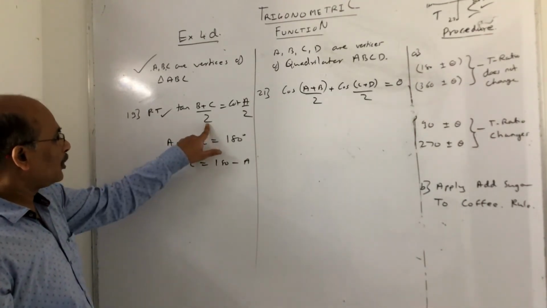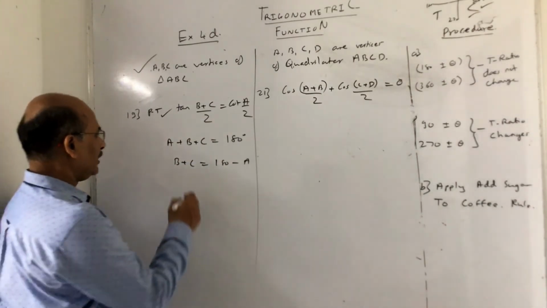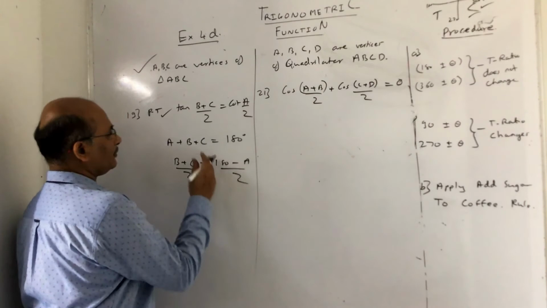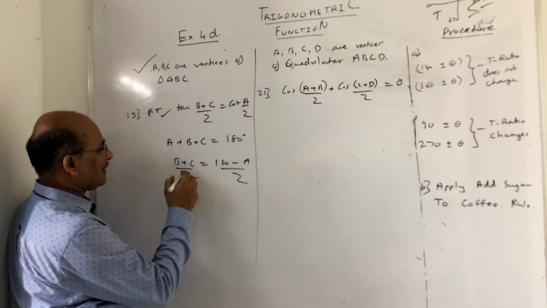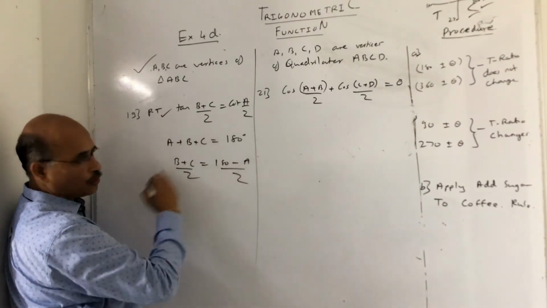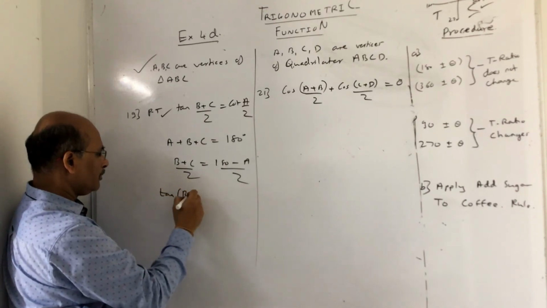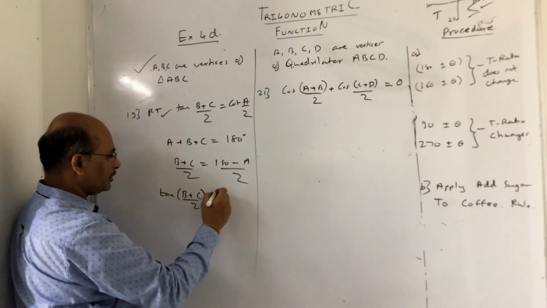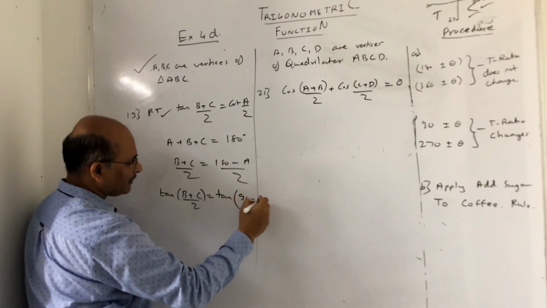Then I want upon 2, because this derivation is a deduction method I am following. So divide by 2, divide by 2. So I am nearing my LHS and RHS. Now I want tan on both the sides, because I want tan of B plus C upon 2. So tan on both the sides. This will become tan of B plus C upon 2 is equal to tan of 90 minus A by 2.